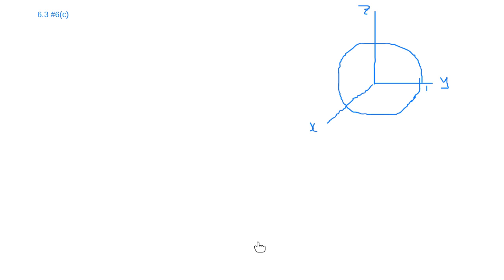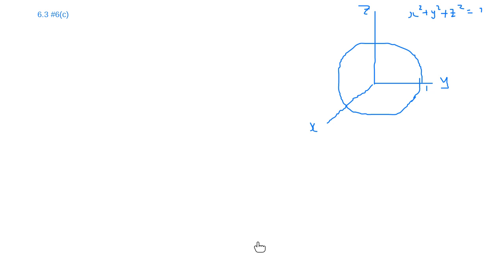But we're only looking at the inside of the sphere in the first octant. And then we've got a plane. Okay, so this one is x squared plus y squared plus z squared equals 1.